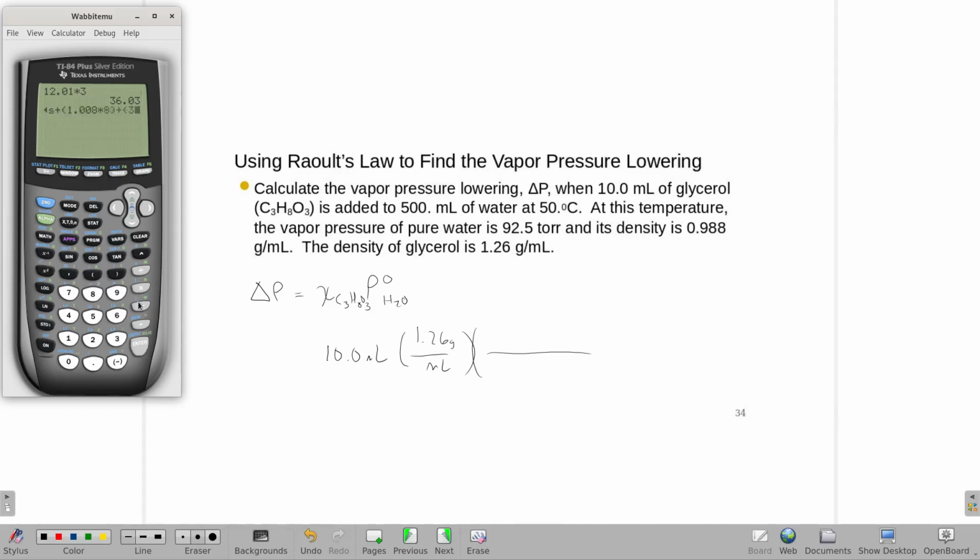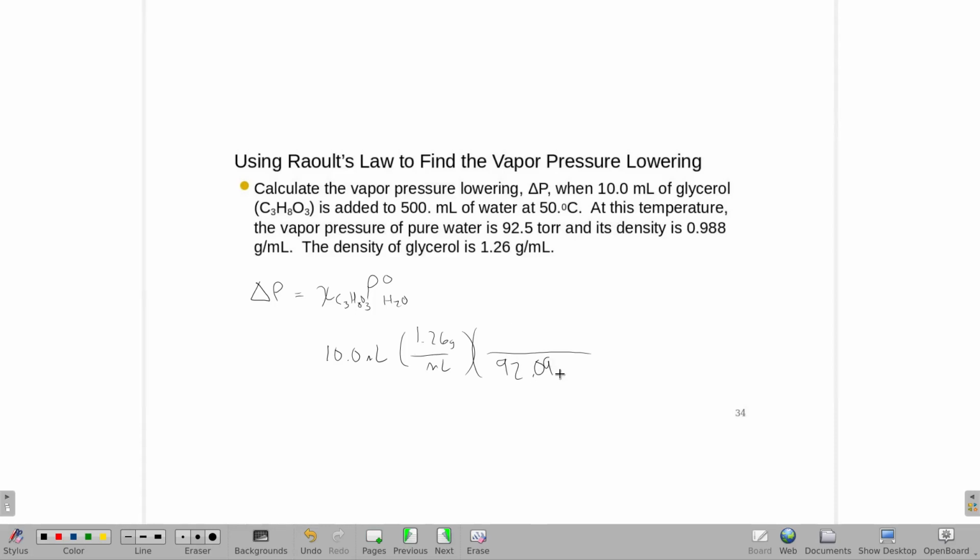Plus 3 times 16, I get a molecular weight of glycerol of 92.09. Alright, whatever that number is, it's going to go down here as well.